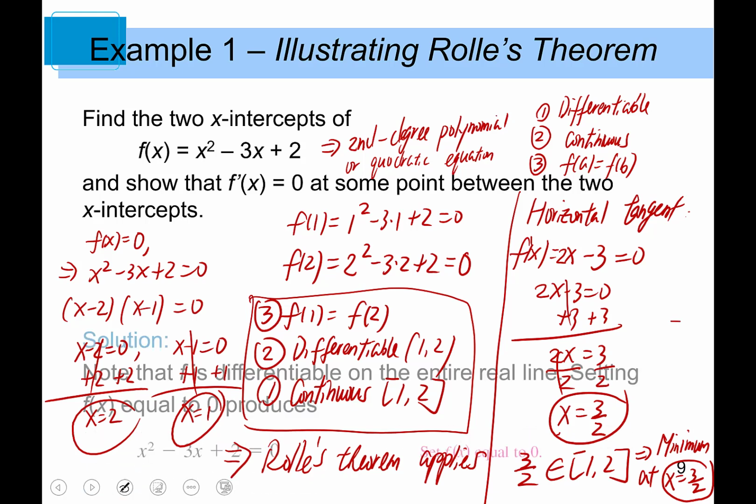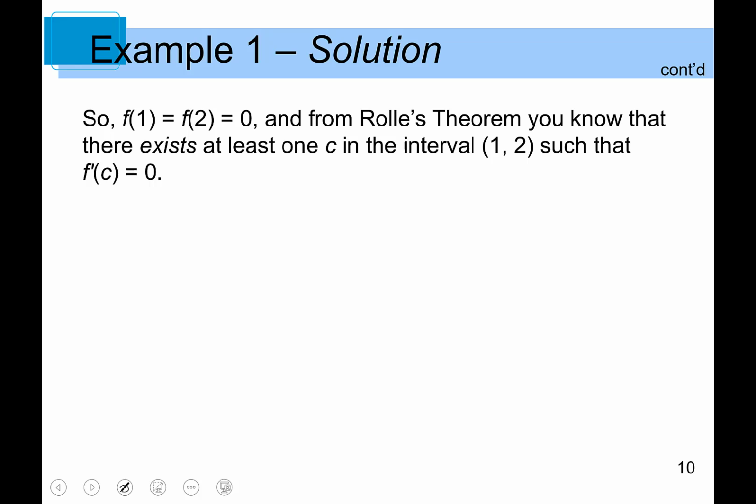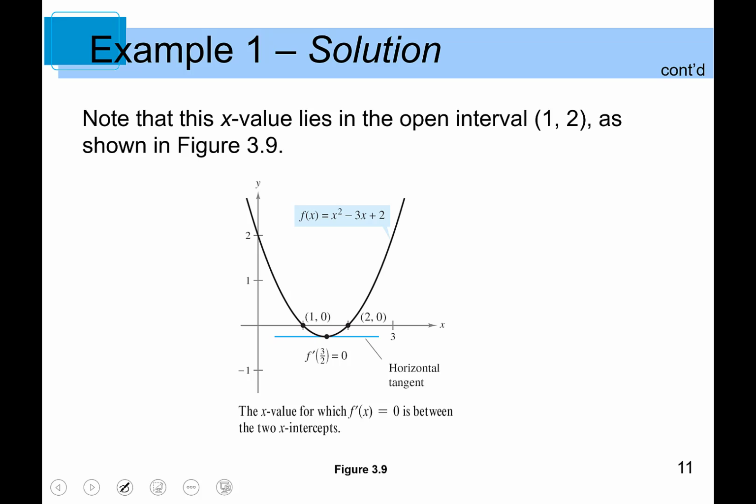You can take a look at the detailed solutions from your PowerPoint. And I'm going to show you the graph. This is the graph of f of x equals x squared minus 3x plus 2. And 1, 0 and 2, 0 are symmetric about the line of symmetry, right?